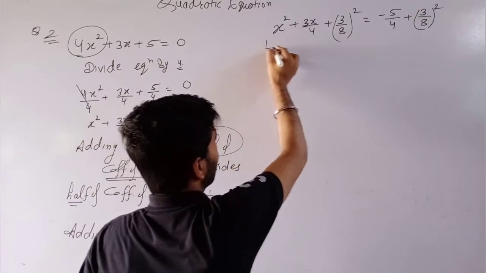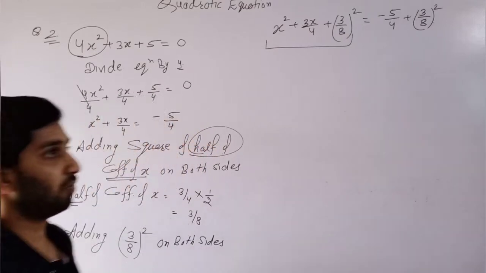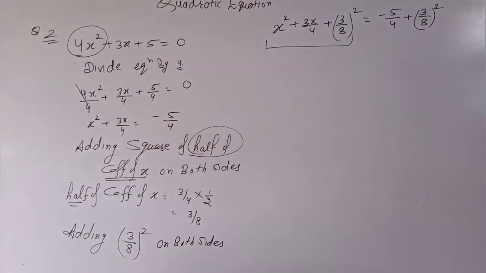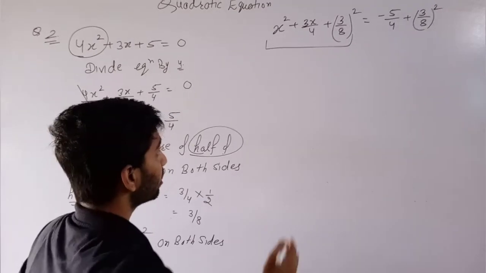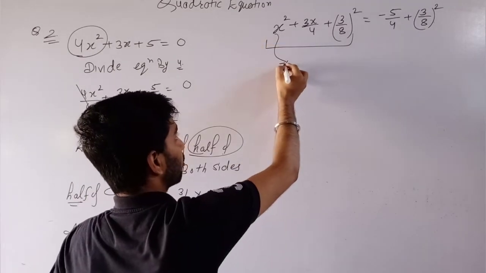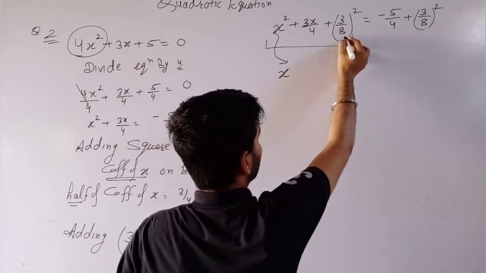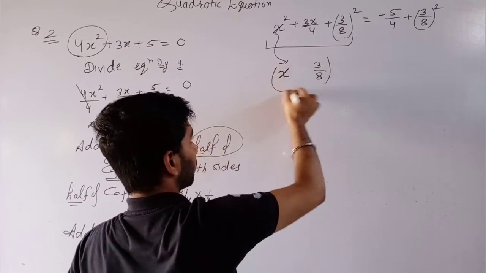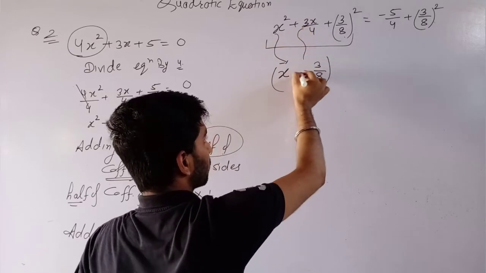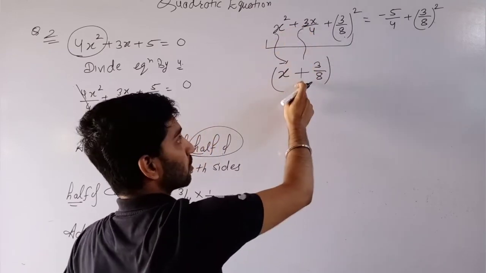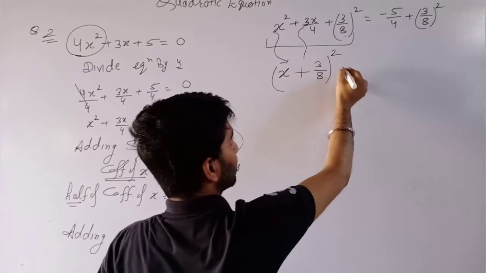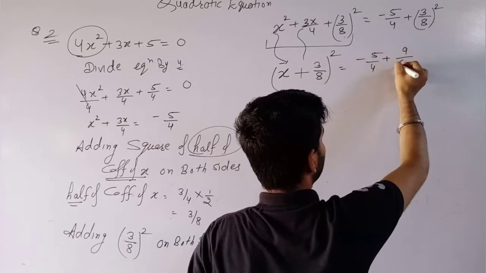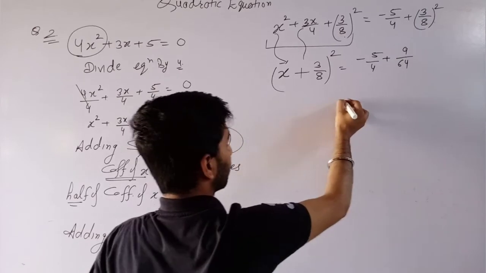We have discussed that in the left hand side we will obtain an identity, either a plus b whole square or a minus b whole square. It is the square of x plus 3 by 8, so using 3 by 8: if 2ab is positive, then positive; if 2ab is negative, then negative. On the right, minus 5 by 4 plus the square of 3, which is 9, over the square of 8, which is 64.